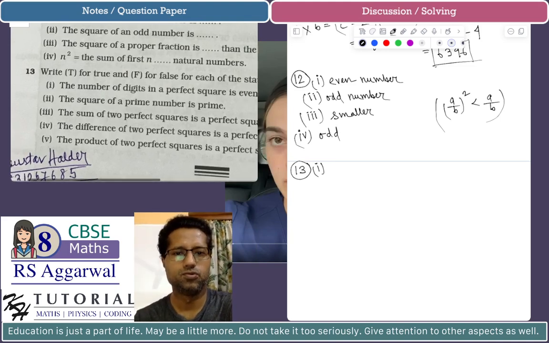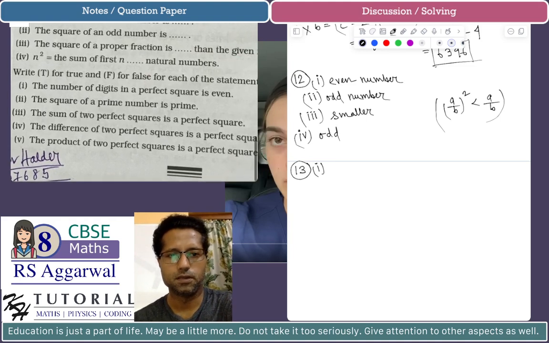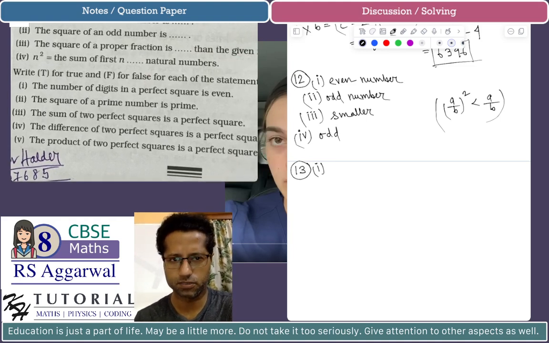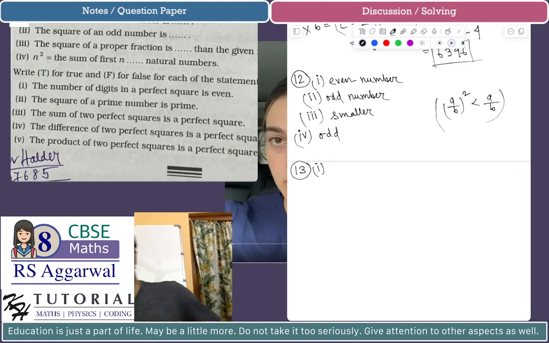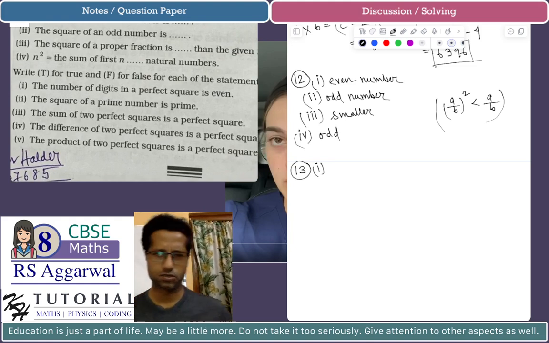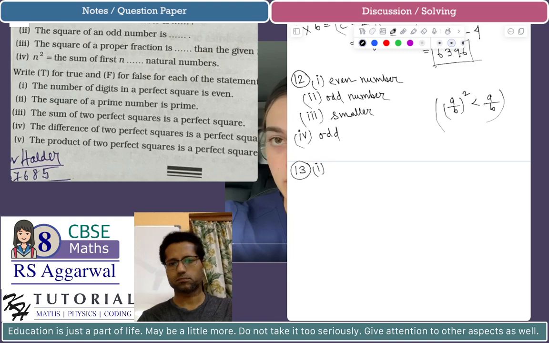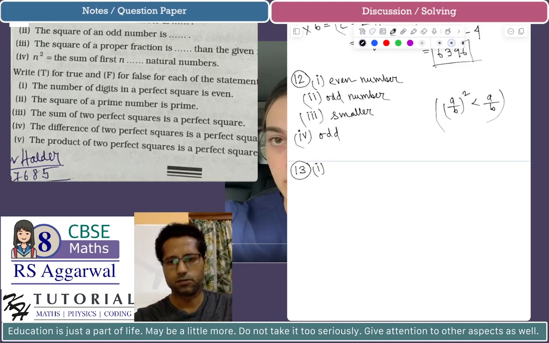So, true and false. Part 1 is the number of digits in a perfect square is even. No. False.